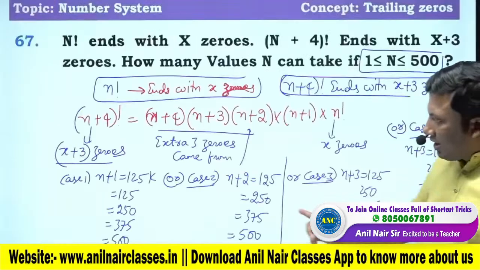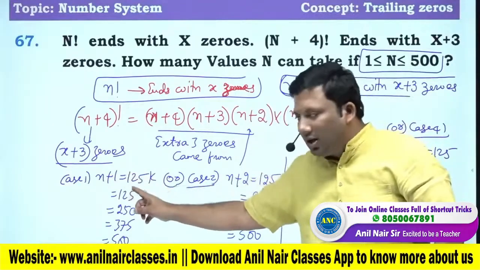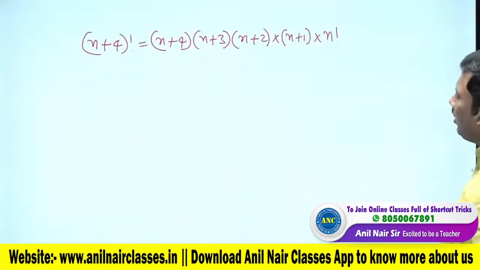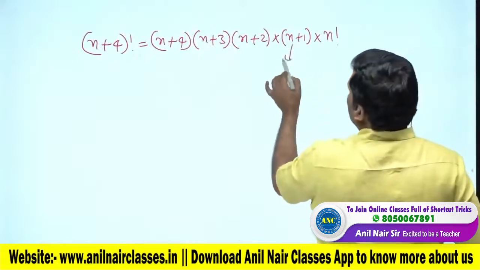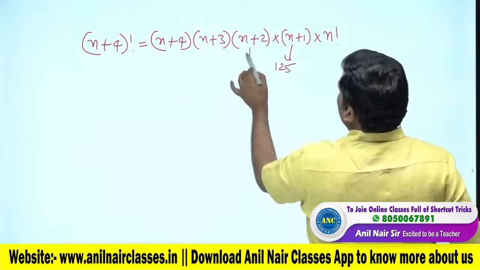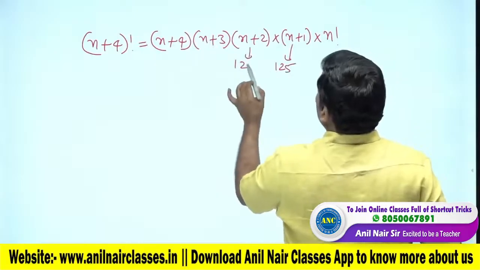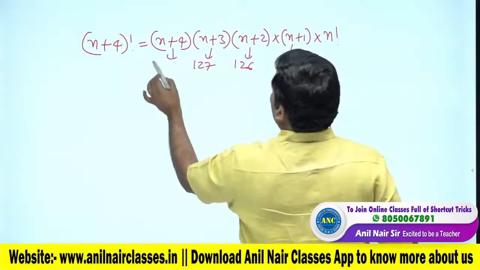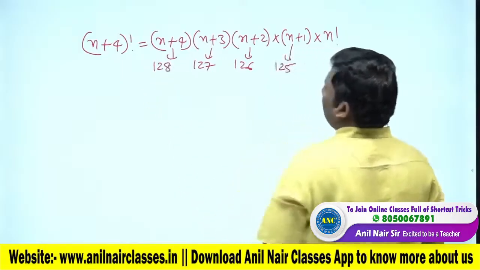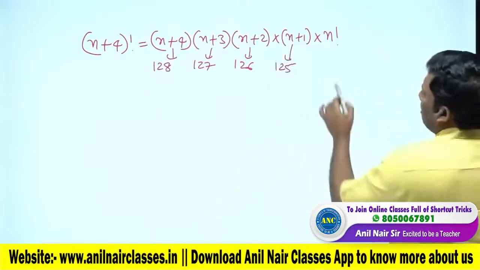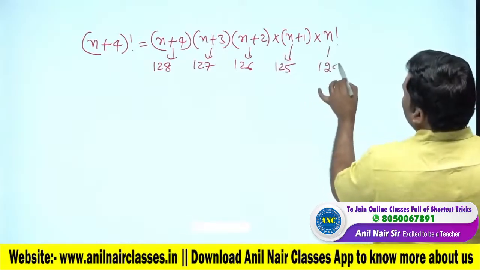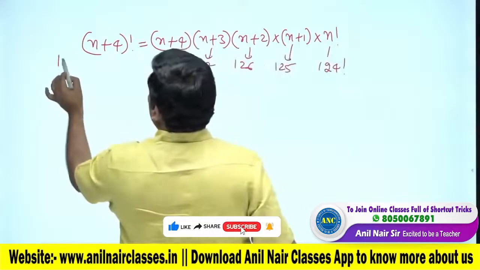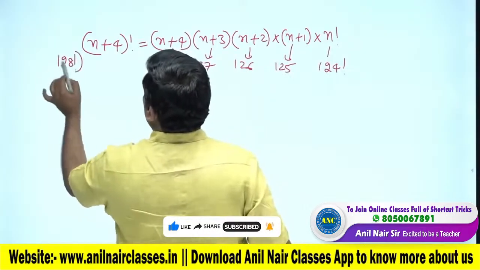Case 1: n plus 1 is 125. If this is 125, this is 126, this is 127, this is 128, and this is 124 factorial. Are you all with me?